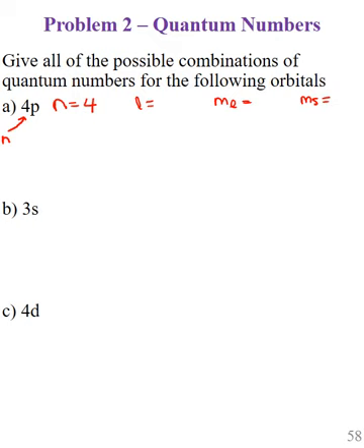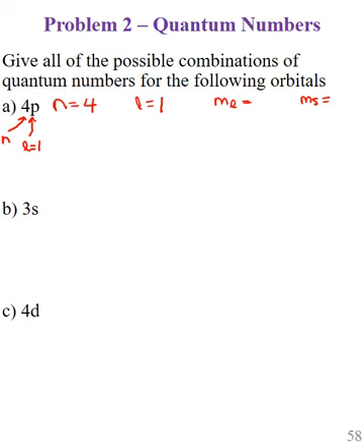Because we have a P subshell, the P represents our L, but we have to get a number. That number you have to memorize, and that's going to be 1. So L will have to be 1 in this case.